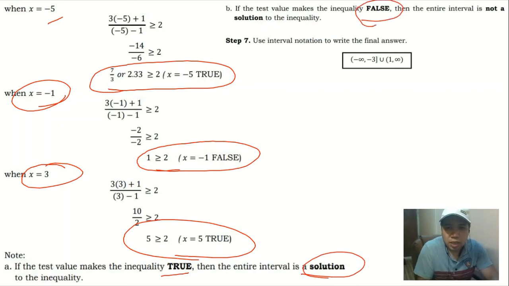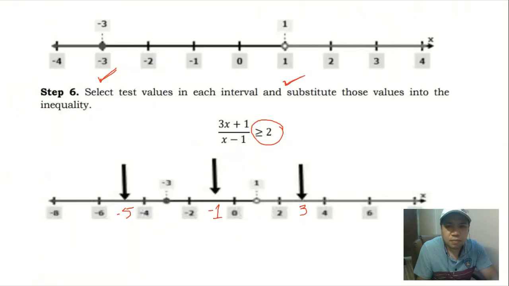So, mula doon, ang sagot natin is -infinity to -3, tapos, or 1 to +infinity. So, ibig sabihin, yung mga values to -3 is kasama.